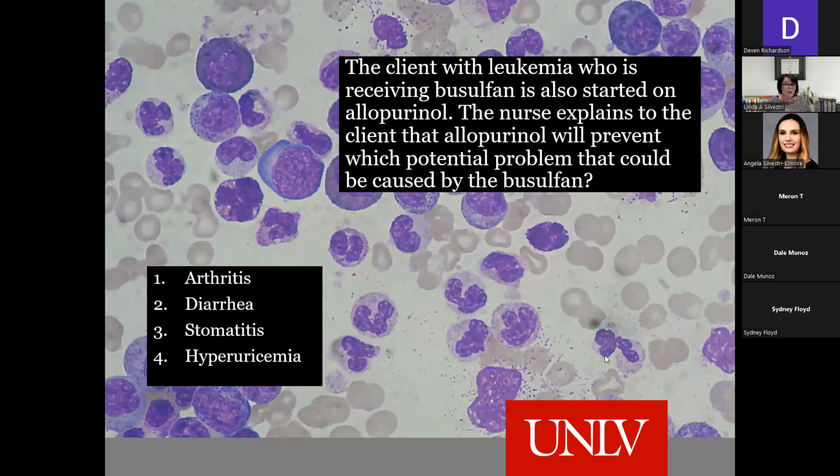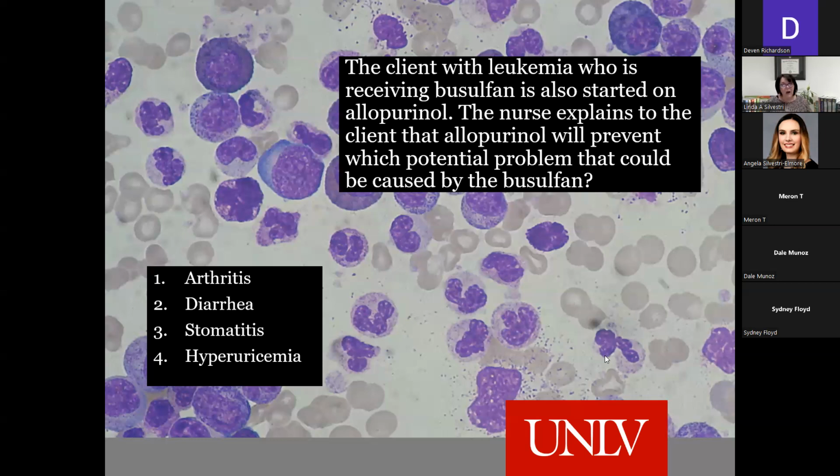So you see a question on chemo, and we see the person with leukemia who's receiving busulfan and you say, I have no idea what busulfan is. Well, look it up. Leukemia is a cancer. So busulfan is most likely a chemotherapy agent.